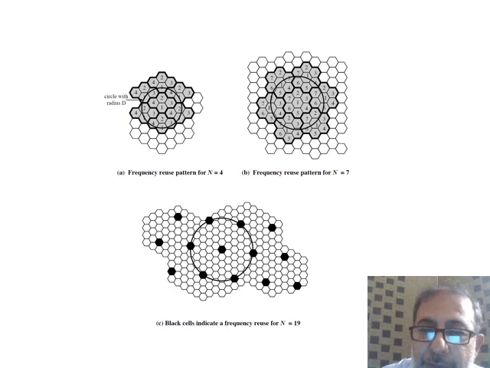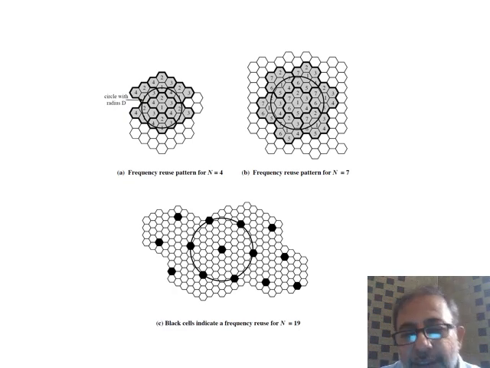But farther than that, you can find a 1 more than once. So we've got a distance of at least 2 cells between the 2 cells which are using the same frequencies, and that is the case for n equal to 7, or the frequency reuse factor equal to 7.